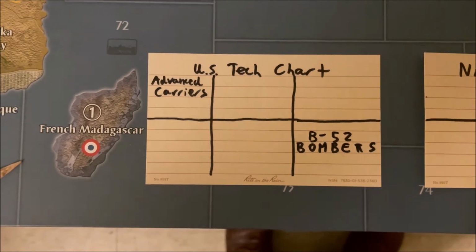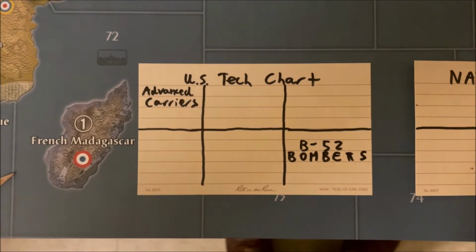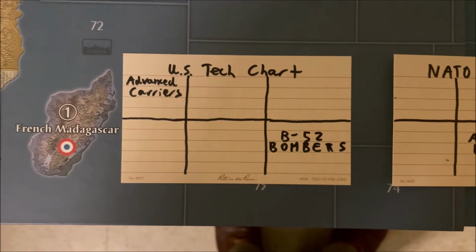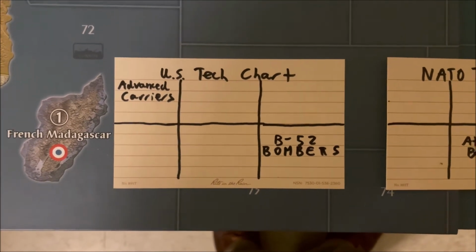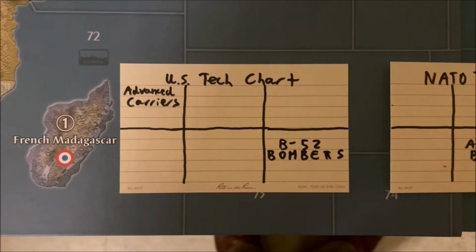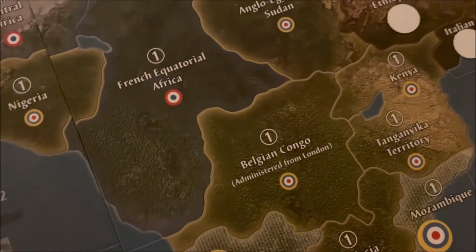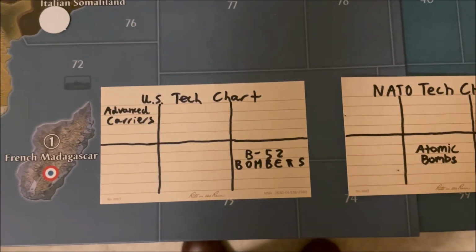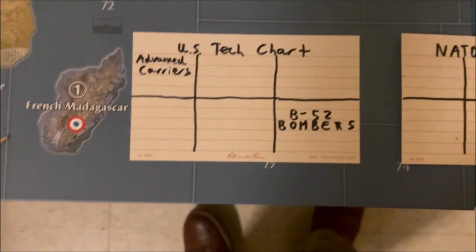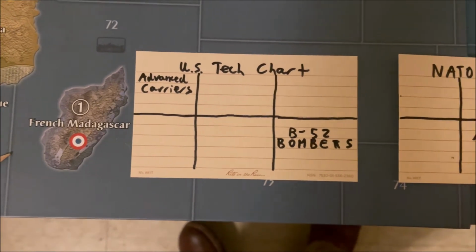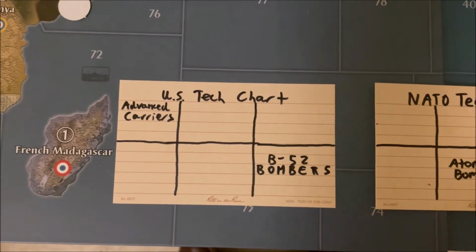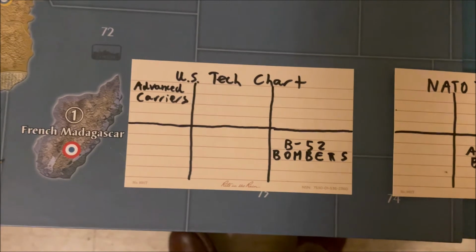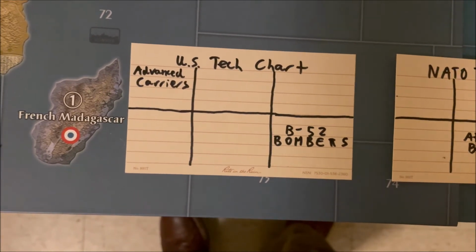And then there's the B-52 bombers. If the US achieves to unlock that, bombers will now hit on a 5. Unfortunately, they still will defend at a 1. They can move at 8, but they can also carry 2 atomic bombs instead of 1 like the regular strategic bombers.